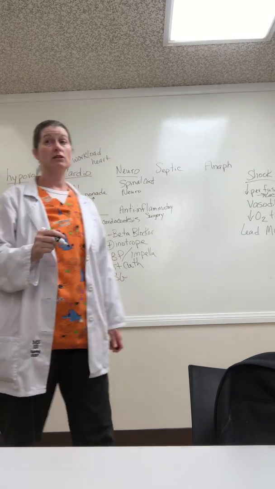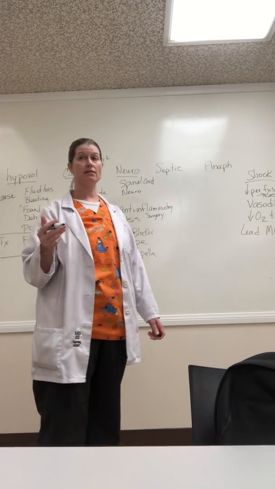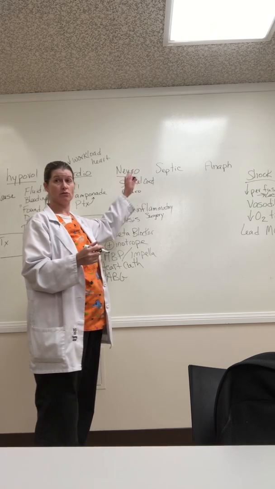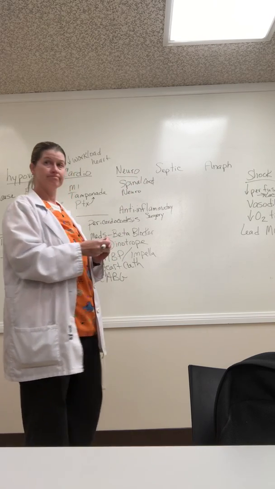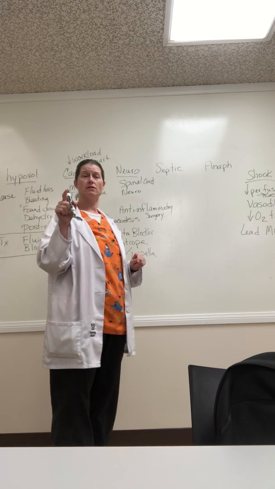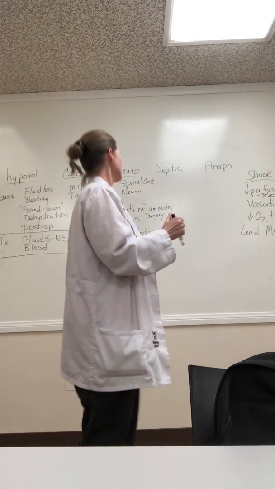We don't see neurogenic shock very much. There is one telltale sign, other than this is why they're here, that tells us neurogenic shock. We'll talk about signs and symptoms in a minute. We'll come back to that.